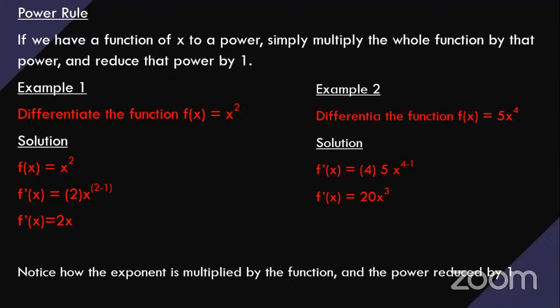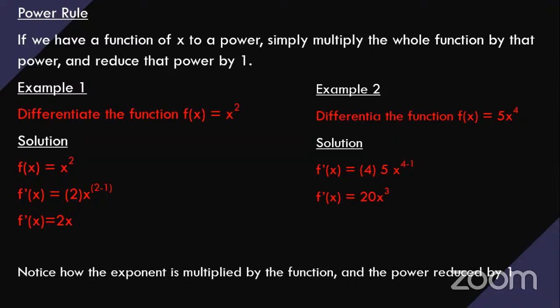So if we differentiate the function f of x equals x squared, our power rule states that if we have a function to a power, we simply multiply the function by that power and reduce that power by 1.